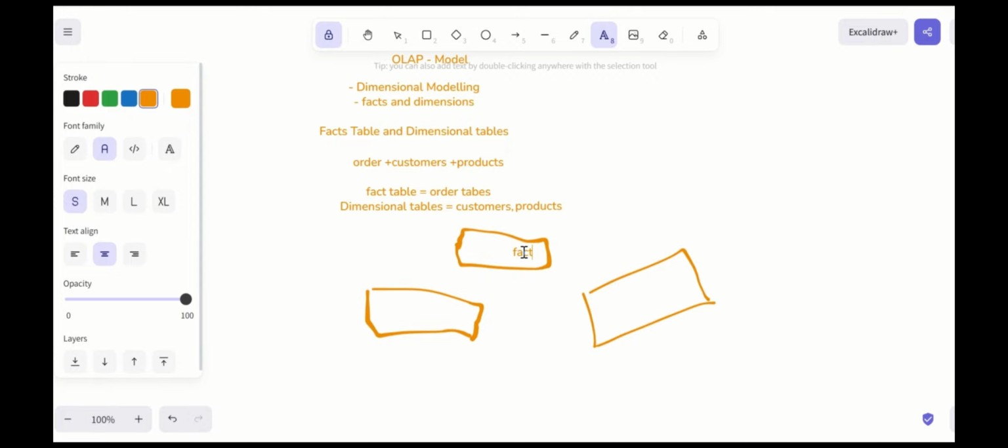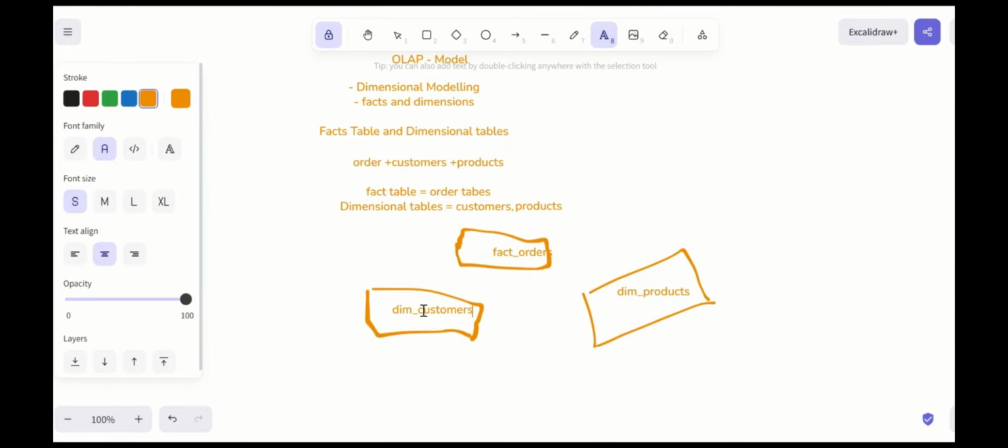Let's call it fact orders, and here we have dim products, and here we have dim customers. Fact tables contain the transactions, while dimensional tables provide more description about the entity.